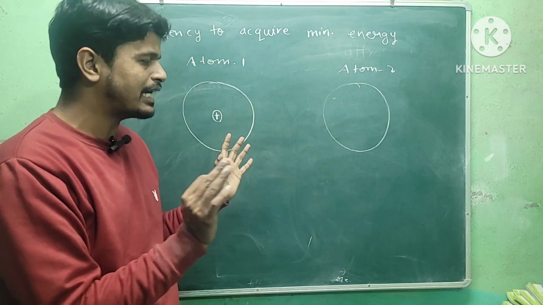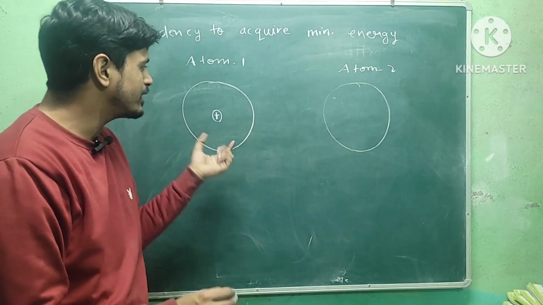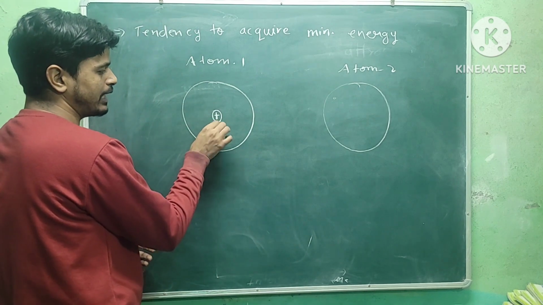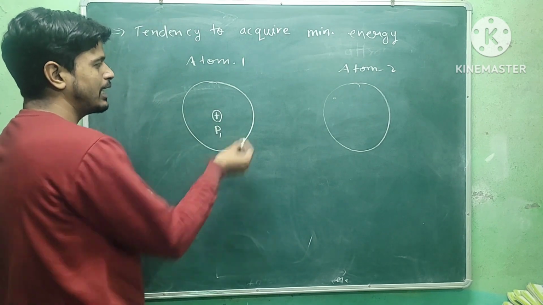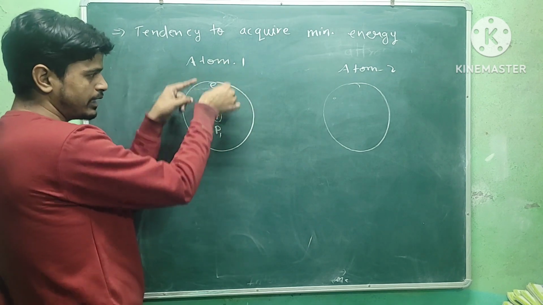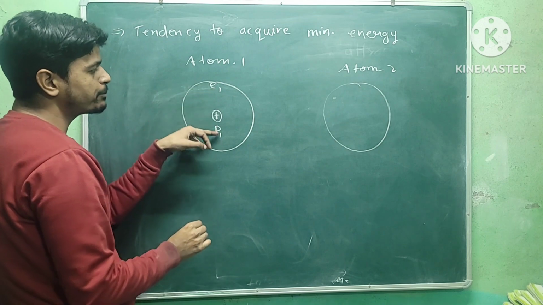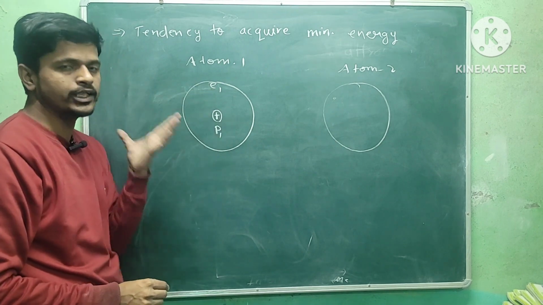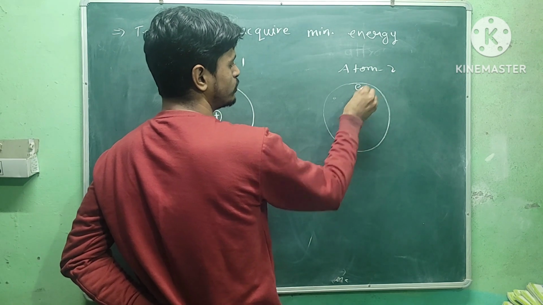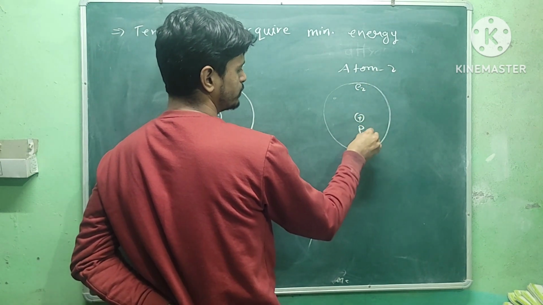For the sake of understanding the concept, I have taken the example of the hydrogen atom, a uni-electron and uni-proton species. There is one proton, which we denote by P1, and a single electron, which we denote by E1, in atom 1. The proton is present in the nucleus. And in atom 2, electron E2 and proton P2.